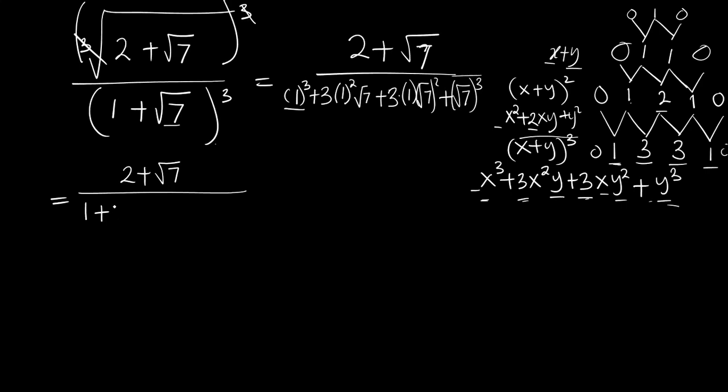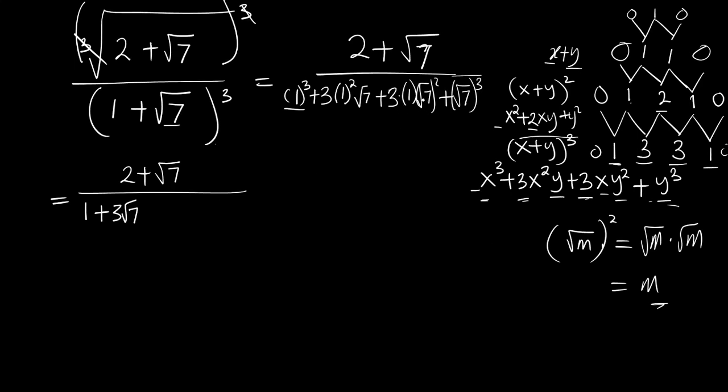So you now have 3 root 7. Then now you have 3 times 1. If you have root m squared, that is equal to root m times root m, and root m times root m is equal to m. So that is what we're going to use here now.